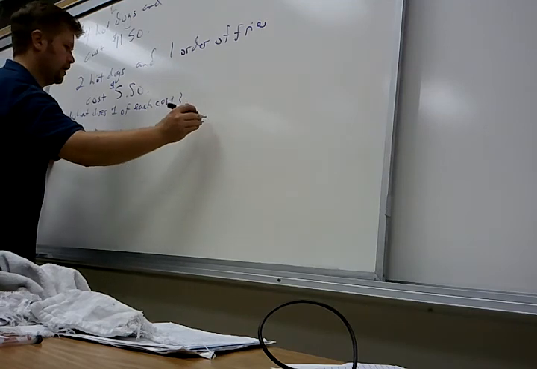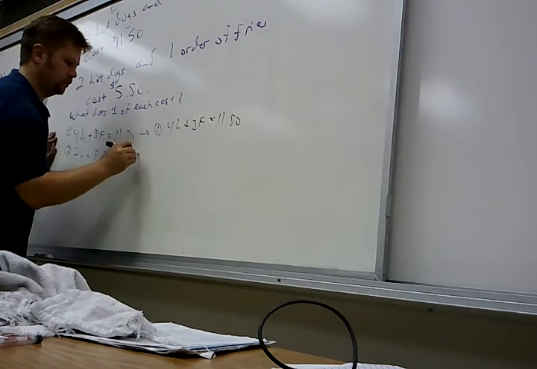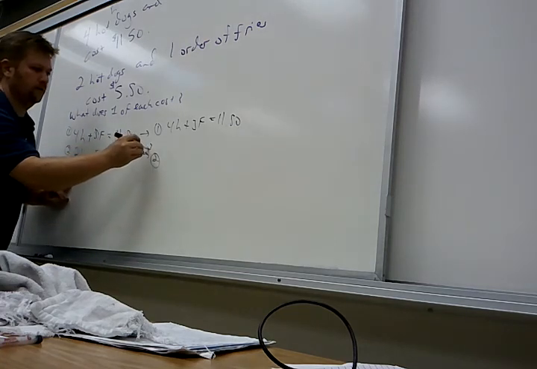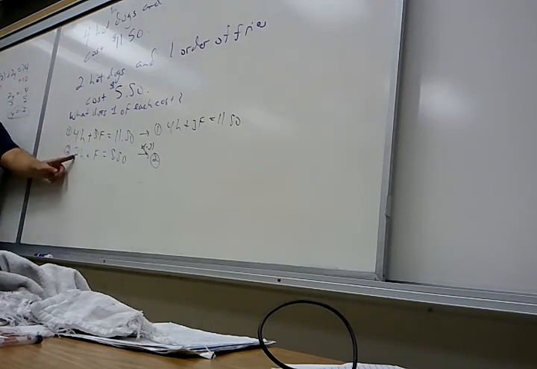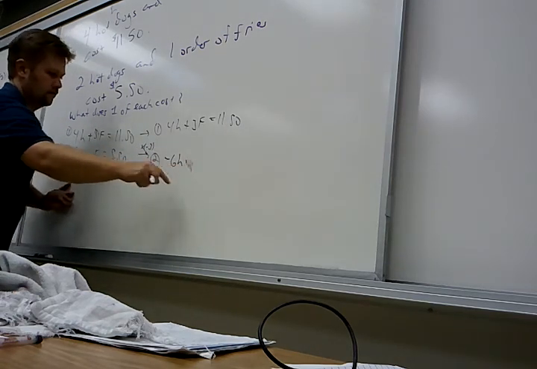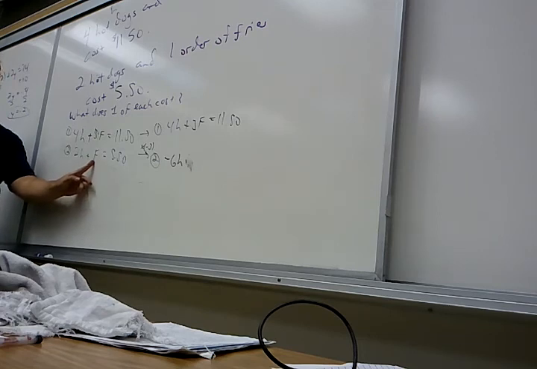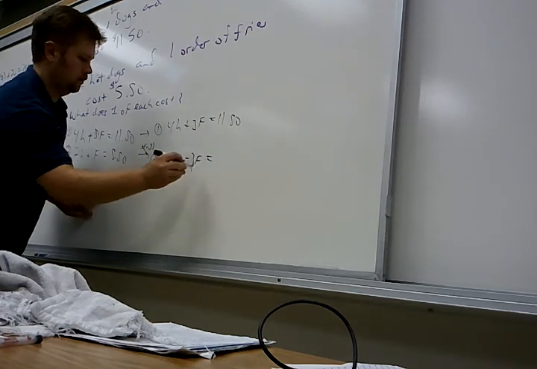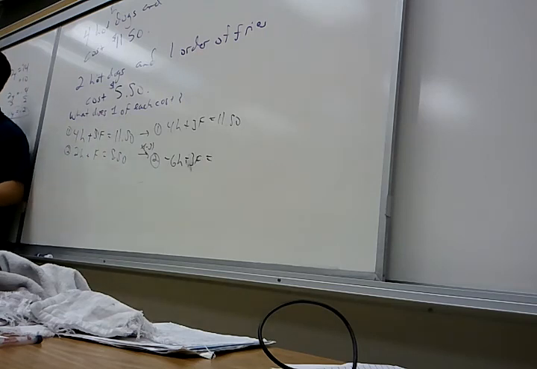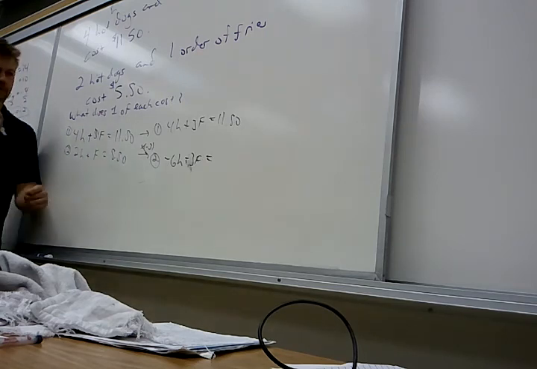4H. So leave this one alone. What would I multiply this one by then? You want to do -3? Why not? You could multiply by -2, I don't care. So if I multiply by -3, I'll get -6H minus 3F equals, now what's -3 times 550? -1650.